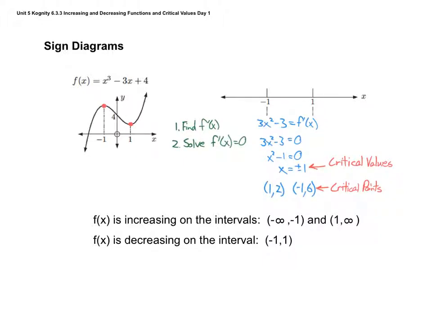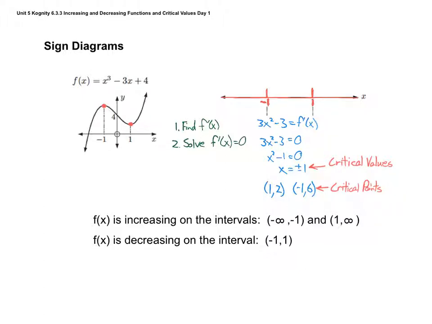But let's look at actually making a sign diagram. So when you're doing a sign diagram, you just make a number line like you see up here, and you're going to put any critical values that you have on here.